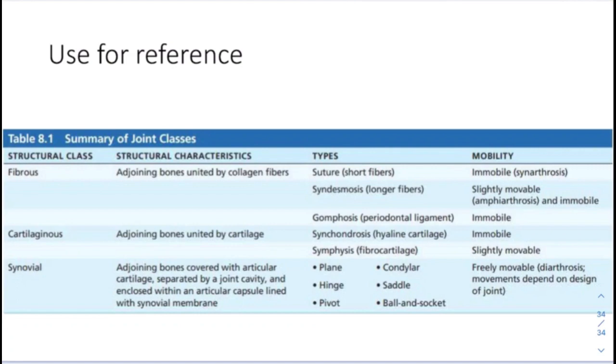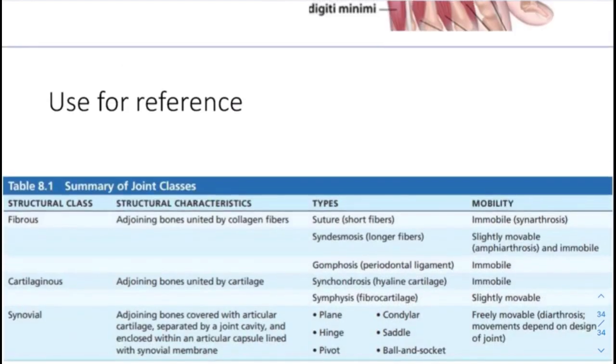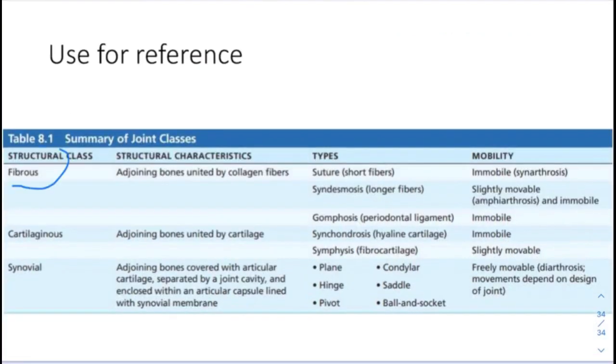Okay, you can use this as a reference, and we'll just quickly review the articular system. So structural classification, there are three types when we talk about the material of the joint. There are fibrous joints, cartilaginous joints, and synovial joints. For fibrous joints, there are three types. We have sutures, which are immobile, so synarthrosis.